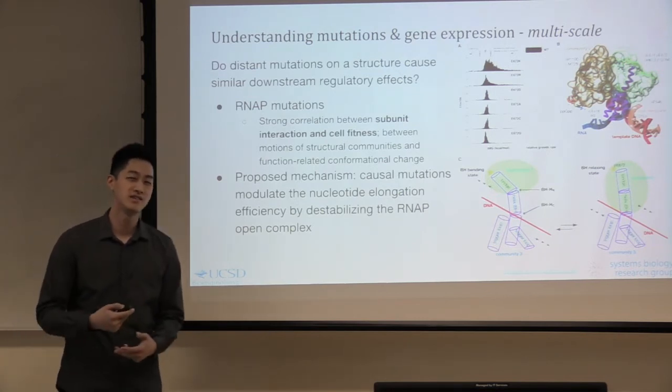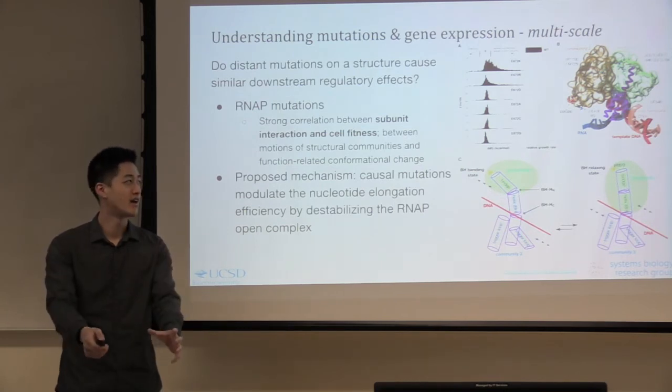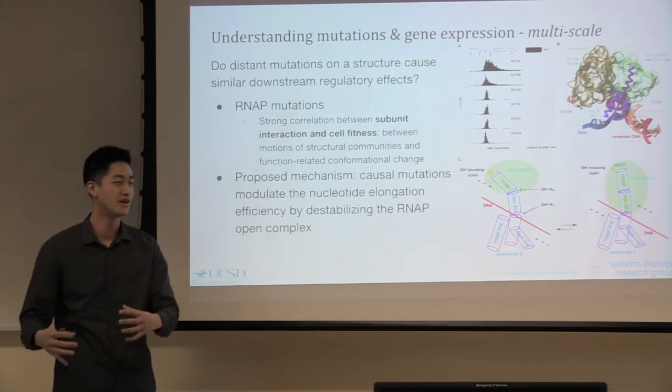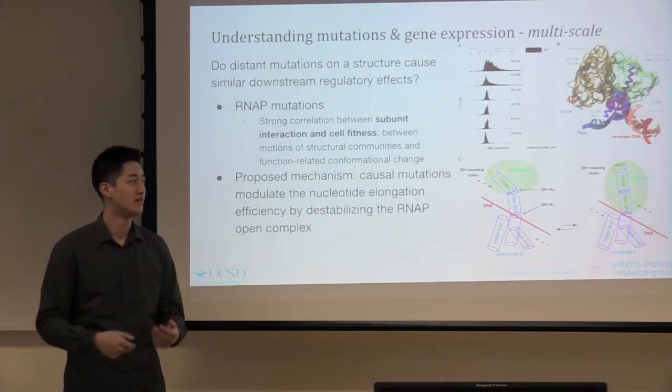What MD simulations were able to show was that we were able to break down the effect of these mutations into specific chunks. We called them neighborhoods of impact.